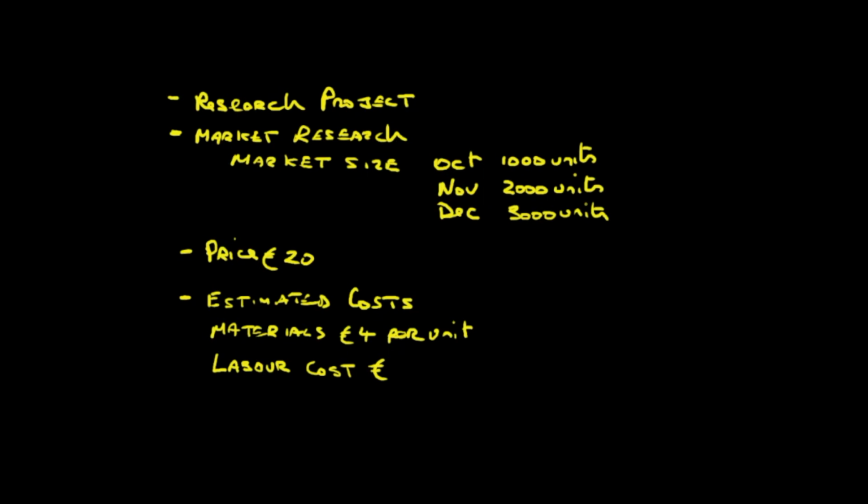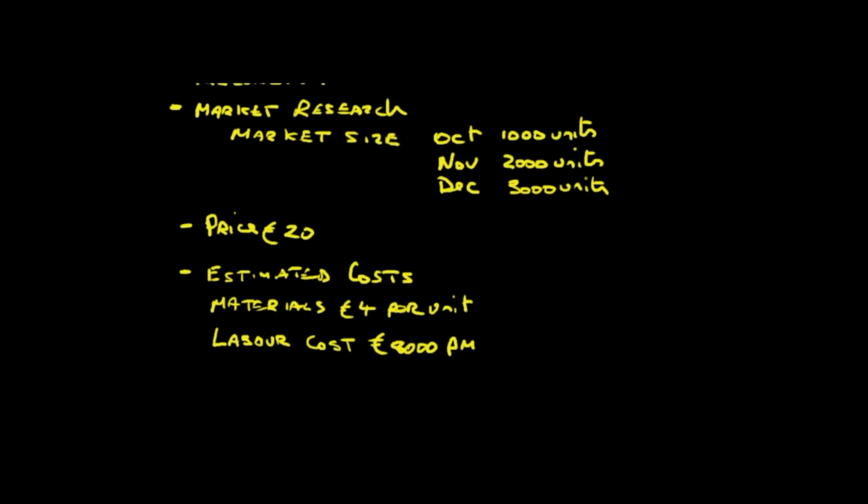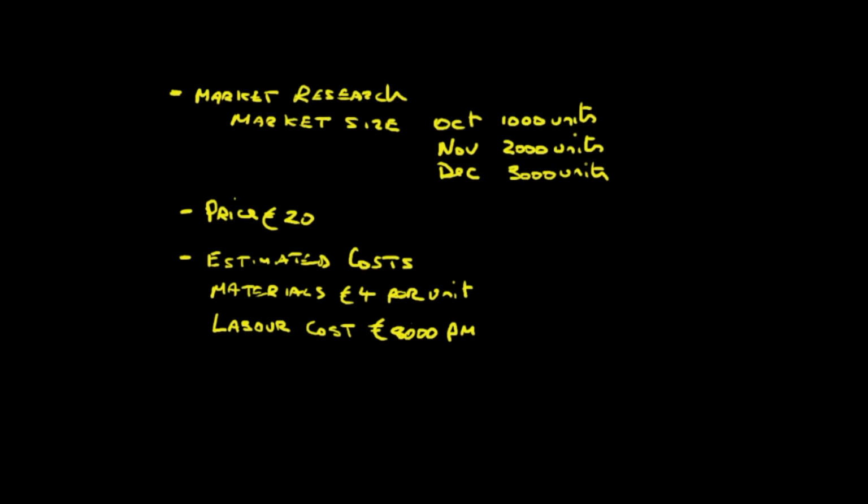So let's say that the labour costs are 8,000 a month. So we've material costs of €4 per unit, and the labour cost for us all collectively 8,000, maybe whatever that is per person, 1,500 a month or something like that.